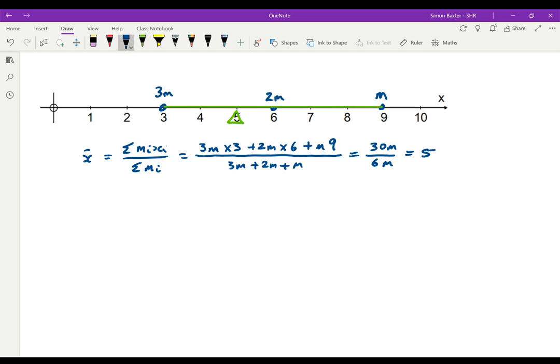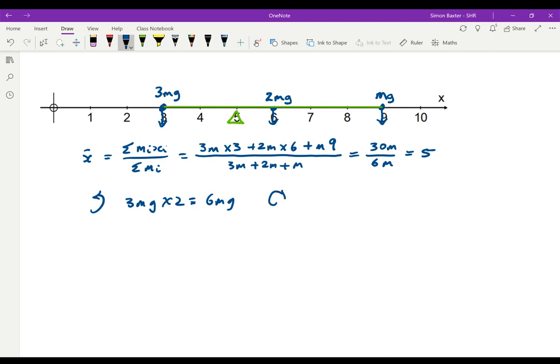Does this work? Well, let's take moments about the pivot again. If we take 3mg, 2mg, mg, forces acting downwards, then my anti-clockwise moment is going to be 3mg times 2, which is 6mg.